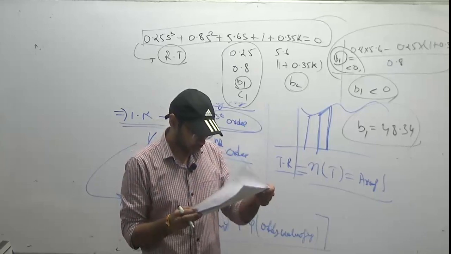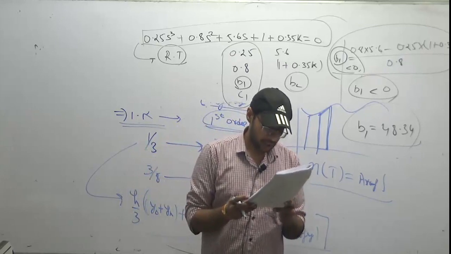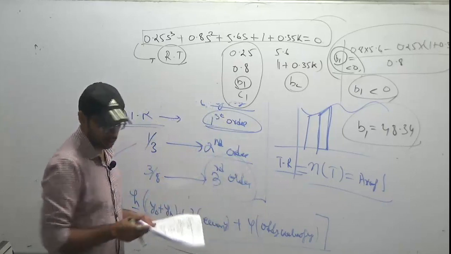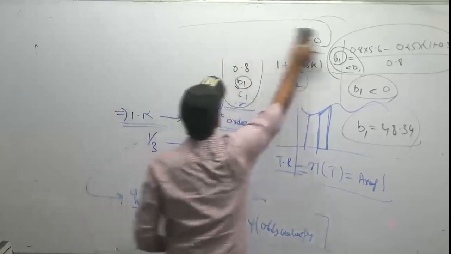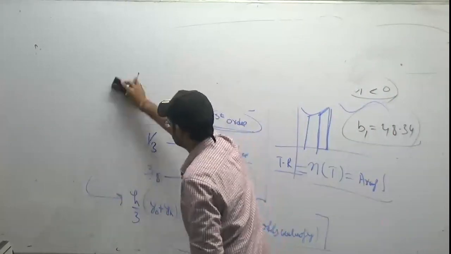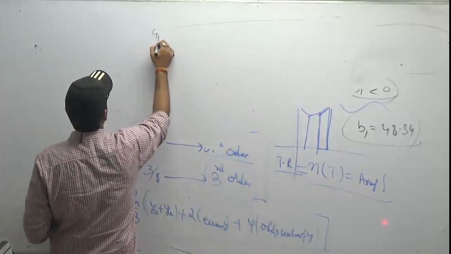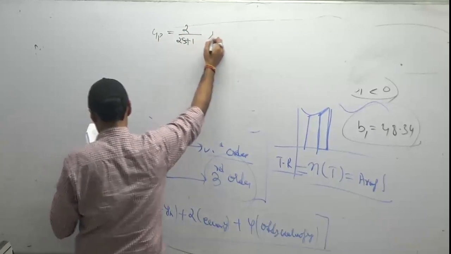Now comes question number 45. They are saying the transfer function of the process is given, the measuring element is given, and the control valve is given. GP is 2 by 2s plus 1.